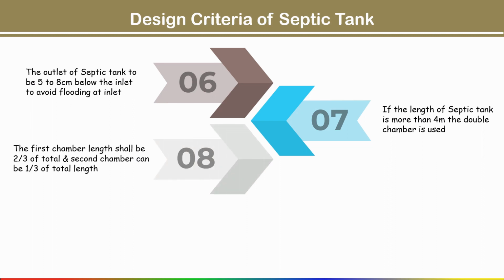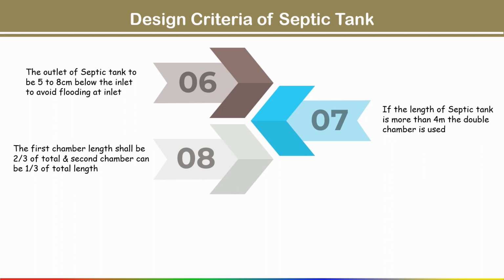Now the next point is, if the length is less than 4 meters, it is okay, you prefer a one chamber septic tank. But if you get more than 4 meter length, then you have to use a double chamber. Now how to calculate the length of the first chamber and second chamber?